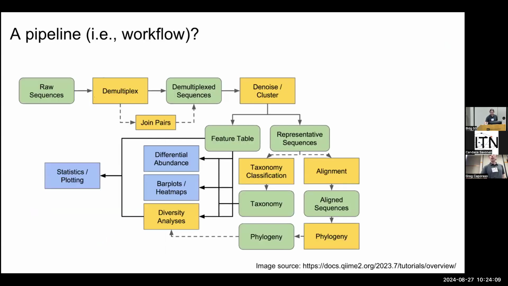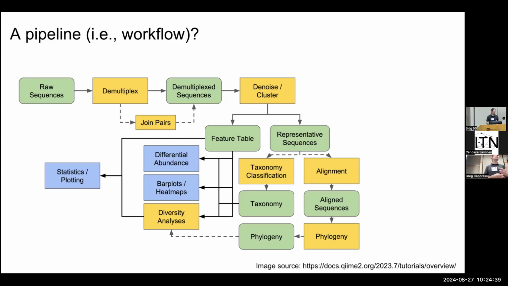So all of that said, what is QIIME2? A lot of folks think of it as an amplicon analysis tool. It definitely is that, and that's what we're going to be focused on this week as we're learning. The idea is that QIIME2 will take you from raw sequencing data as it comes off the instrument through steps like demultiplexing, quality control, and developing what we call the feature table.